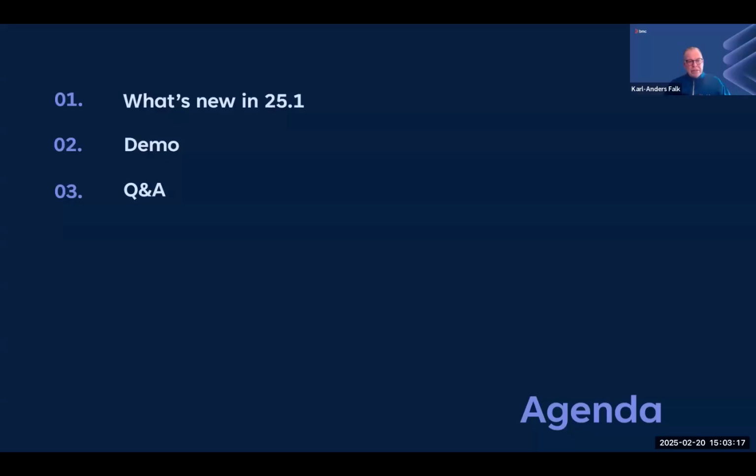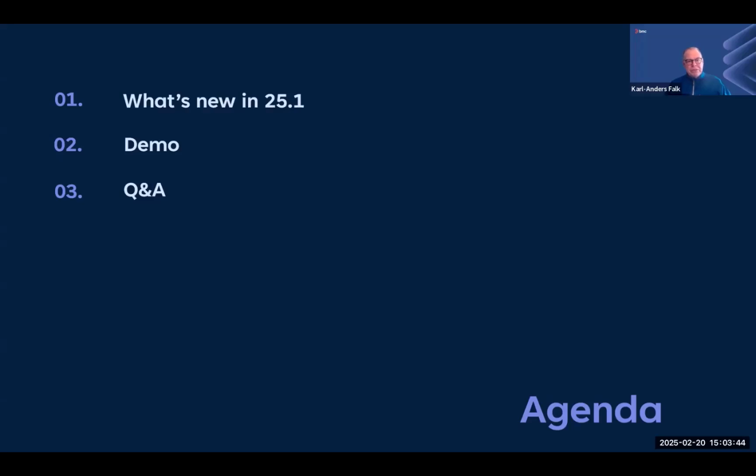I'm back here again together with Deepak. It's just a couple of months since we did 23.3.04. It's actually, I think, the shortest time frame between two releases, especially with Christmas in between. I think our team has done a great job to develop a lot of new functionality again that we want to share with you.